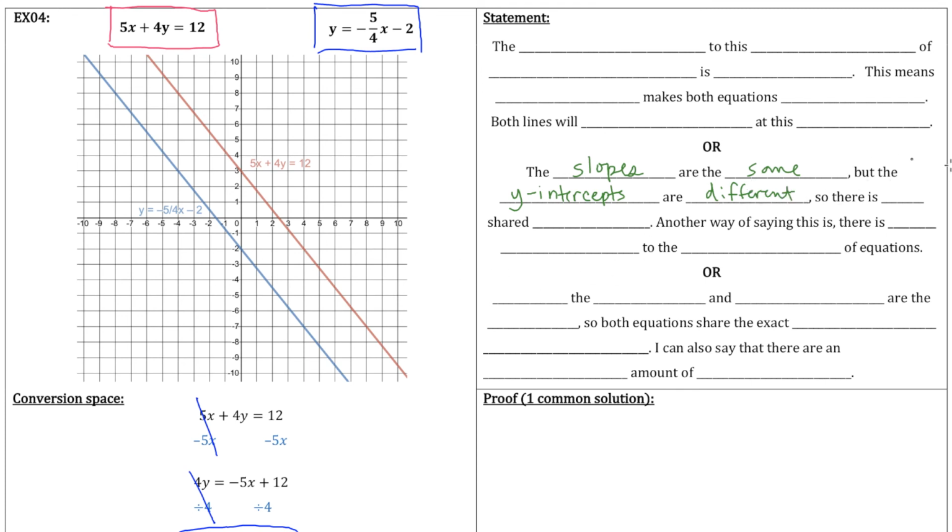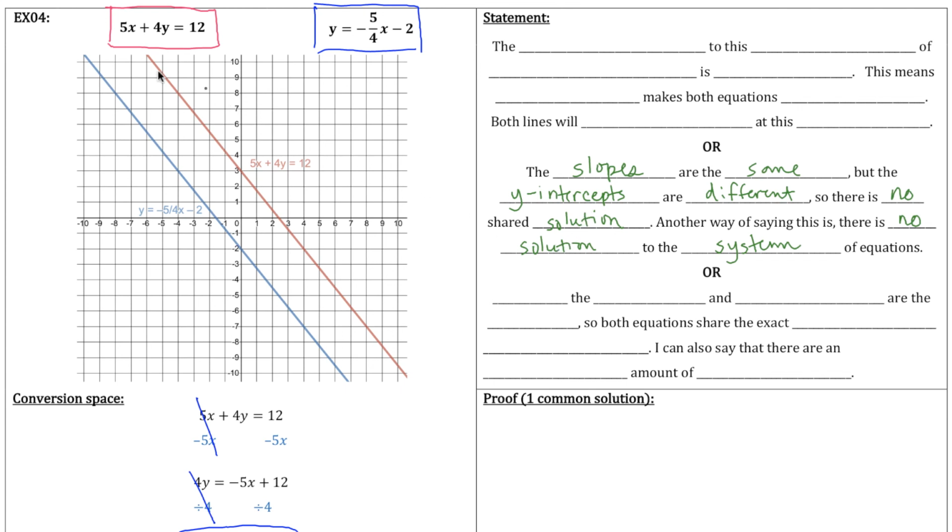So there is no shared point. There is no shared solution. If you prefer to write point, you can write point. Another way of saying this is there is no solution to the system of equations.